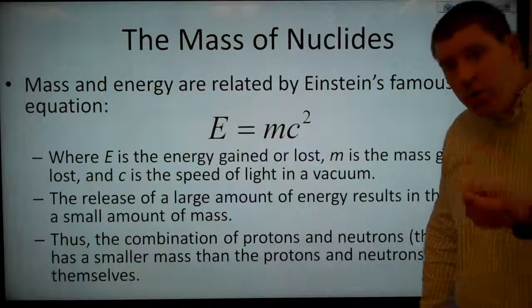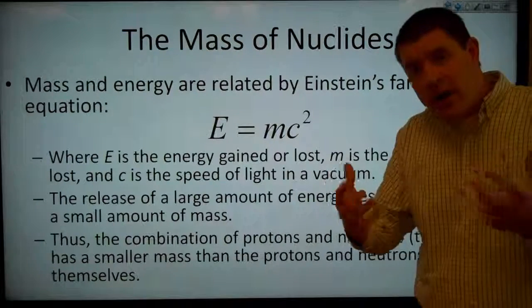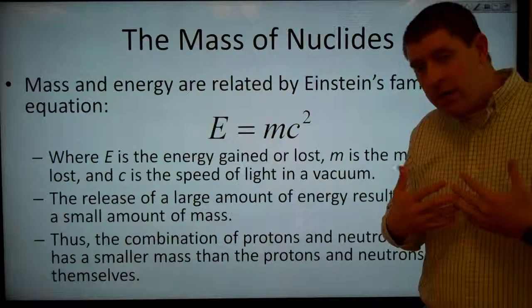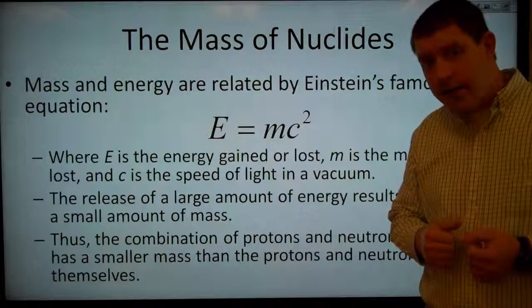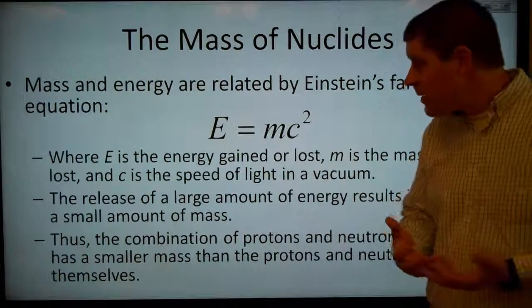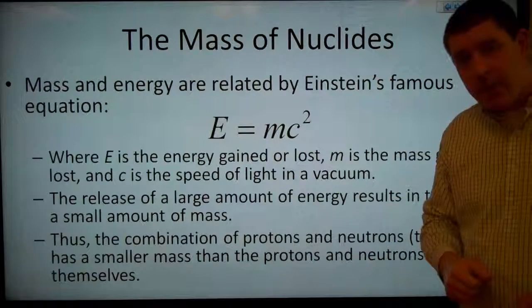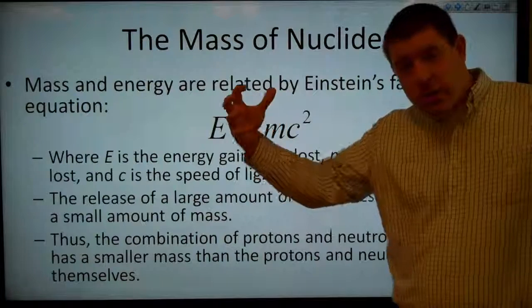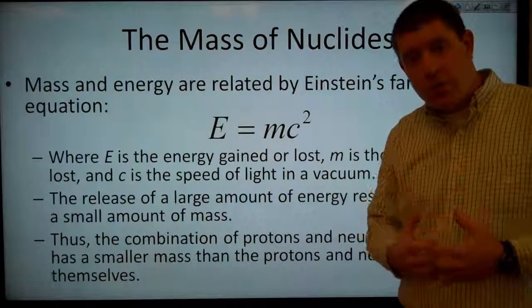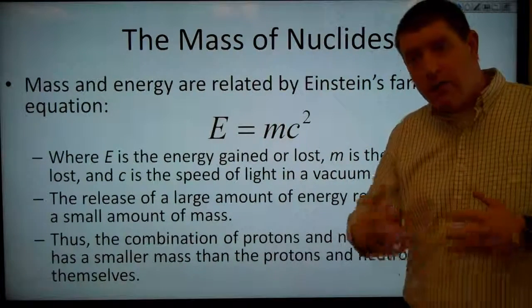Well, if nuclear reactions are giving off a huge amount of energy, that means that energy is being lost by the atom. If energy is lost by the atom, Einstein's equation says that mass must be lost by the atom. So when protons and neutrons combine to form a larger nucleus, some energy is given off.